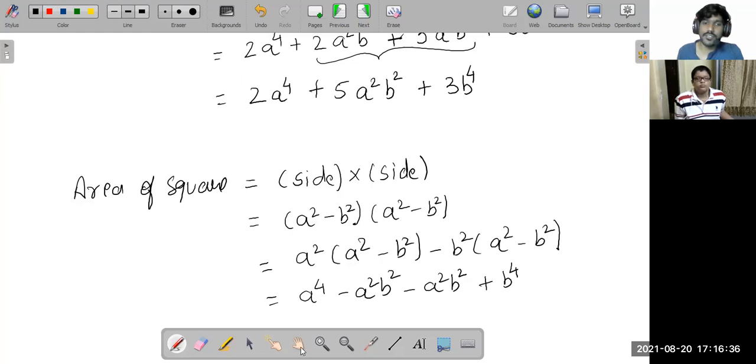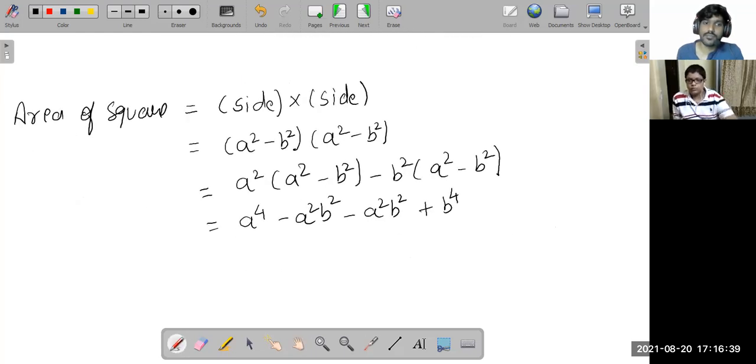Can you see like terms? Yes, sir, a square b square. So this becomes a raised to 4. After this, what should I write? No, it should not be a raised to 4 plus b raised to 4.